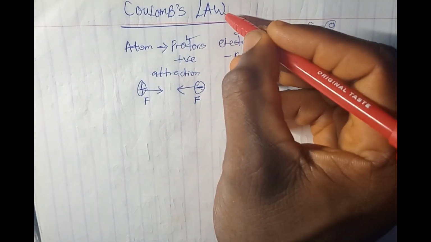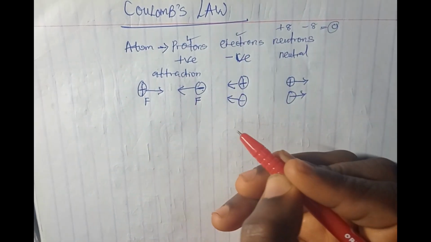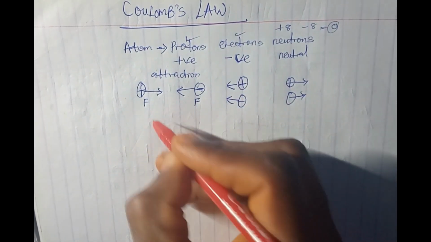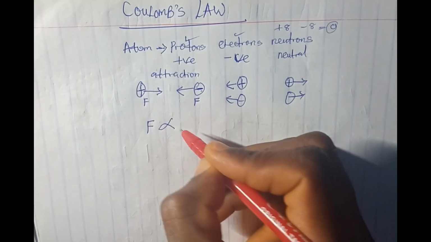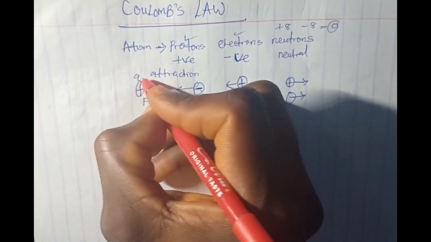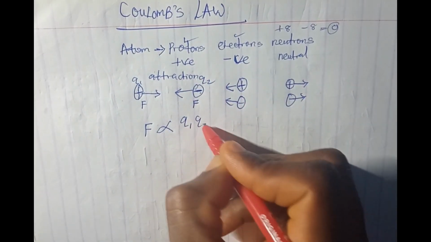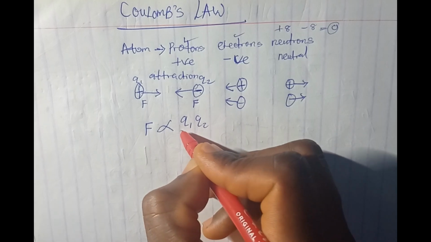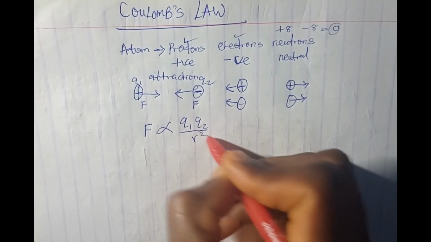Now let's go back to Coulomb's law. Charles Coulomb stated that the force of attraction or repulsion between point charges is directly proportional to the product of the charges. Let this one be Q1 and let this be Q2. So it is directly proportional to the product of the charges and inversely proportional to the square of their mean distance apart.